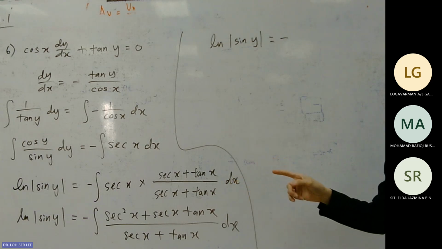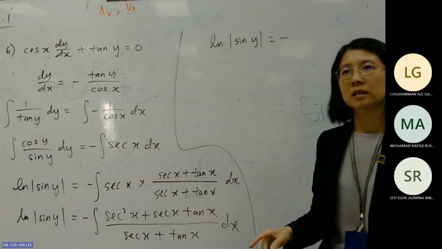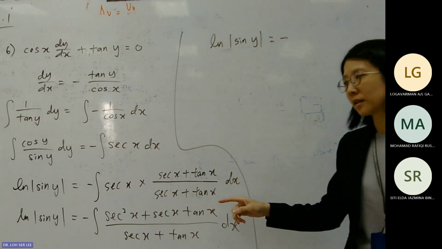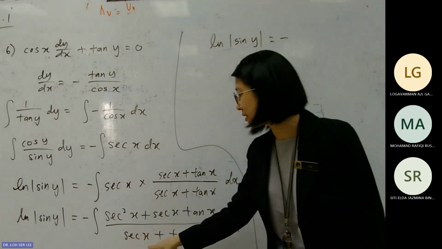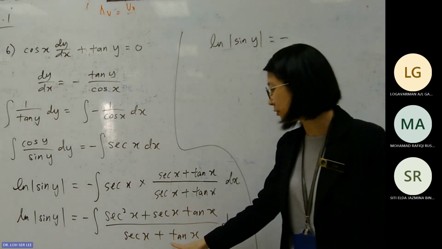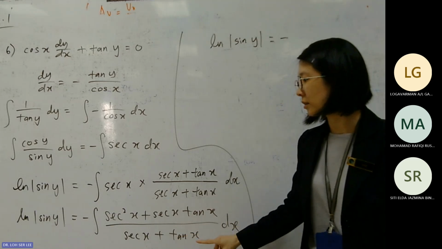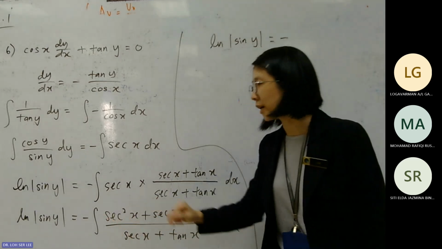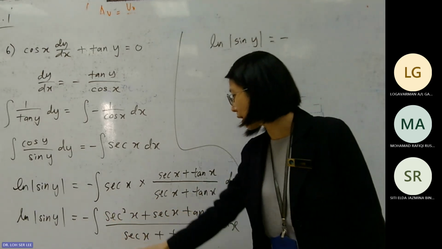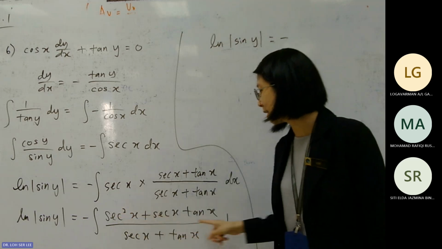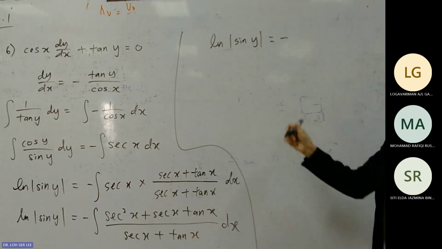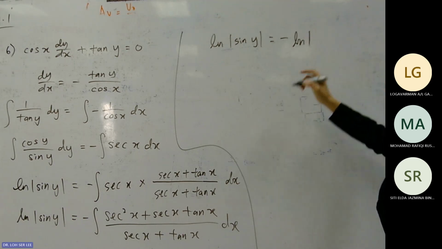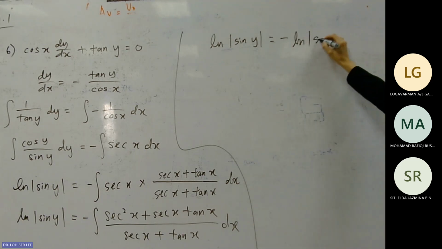You get secant tangent. When you differentiate tangent x, you get secant squared. Meaning that you are differentiating this one, then you get this one, right? So the answer is ln secant x plus tangent x.